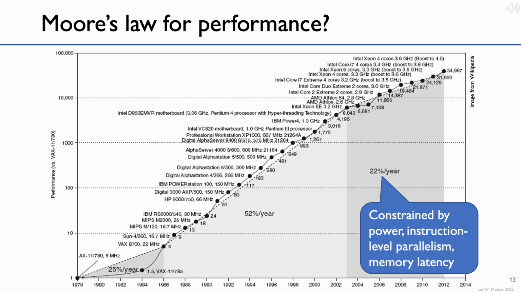At least that used to be the case. So we can see on this plot a whole range of processors over several decades, and then in the 1980s and 1990s we saw enormous performance improvements. Every new generation of silicon technology, every 18 months, would basically increase performance by around 52% a year.